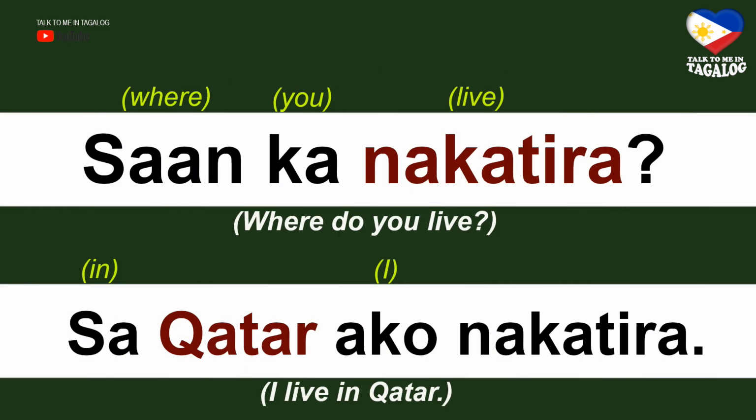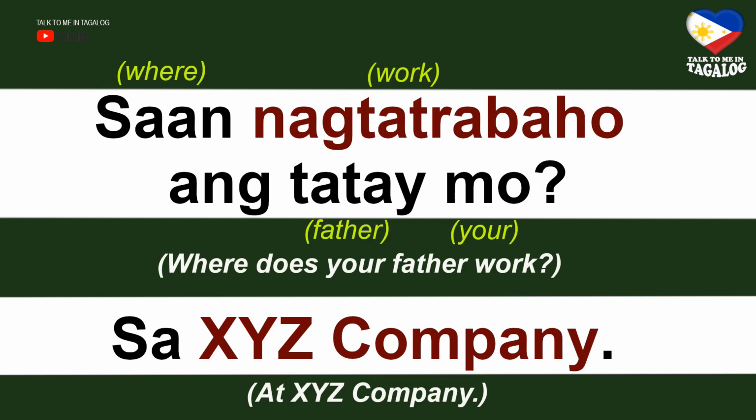Example, saan ka nakatira? Meaning, where do you live? Answer, sa Qatar ako nakatira. I live in Qatar. Next example, saan nagtatrabaho ang tatay mo?